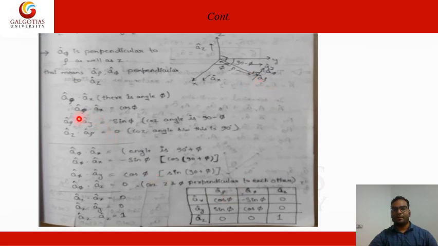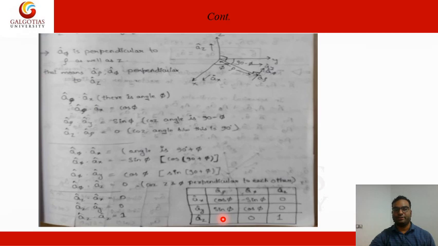Now a rho dot ay is equal to sin phi, because the angle is 90 minus phi, and as we all know cos of 90 minus phi is sin phi. az dot a rho is equal to 0, because the angle between them is 90 degrees and cos 90 is 0. So az dot a rho is 0. That's why I am not taking the az a rho part in my previous slide, and as I said, we are discussing this in the next slide.